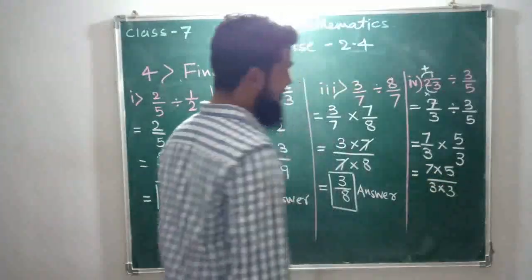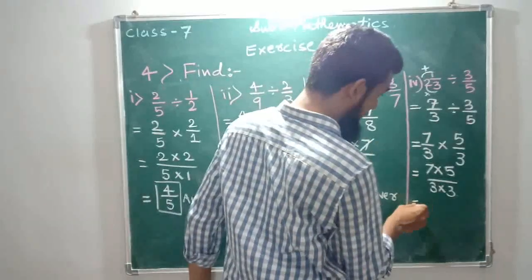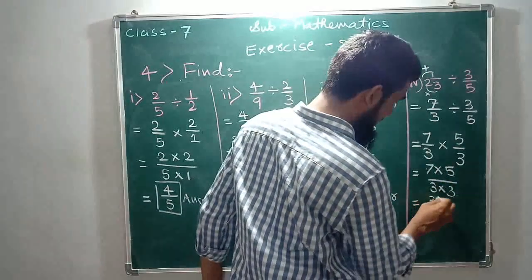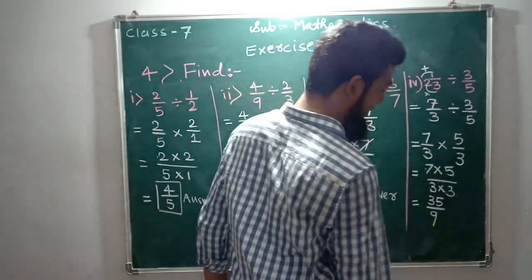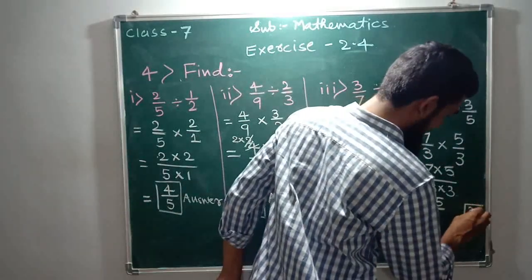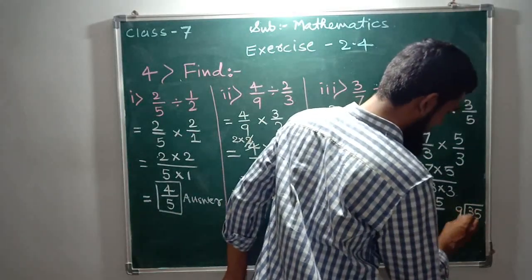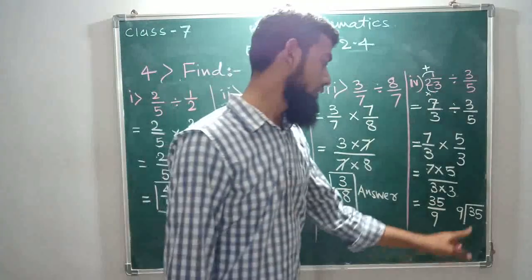Try to cut, but there is no possibility. So 7 times 5 is 35, 3 times 3 is 9. So here 35 divided by 9. Tell me, speak the table.